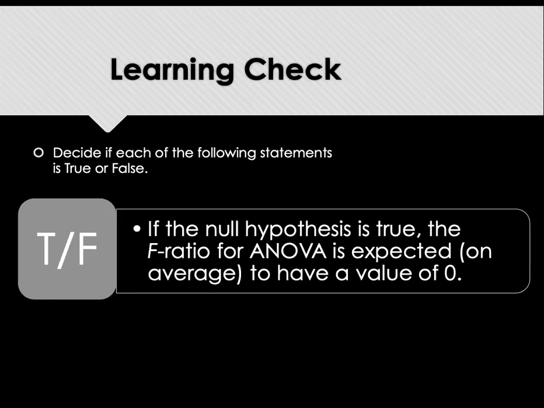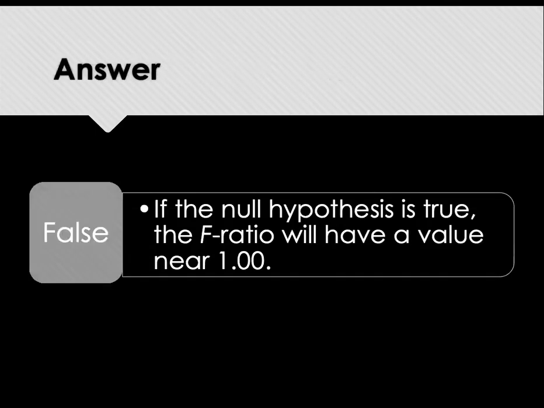So if the null hypothesis is true, that means differences due to treatment effects is 0. There are no differences due to treatment effects, right? And so you end up with, mathematically, just error divided by error. And would that equal 1 or 0? So the answer here is false.